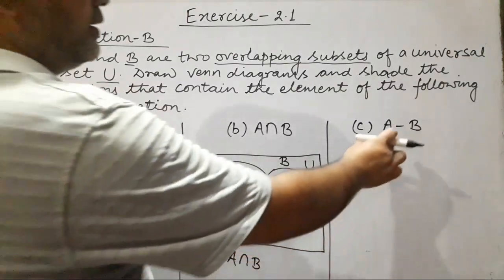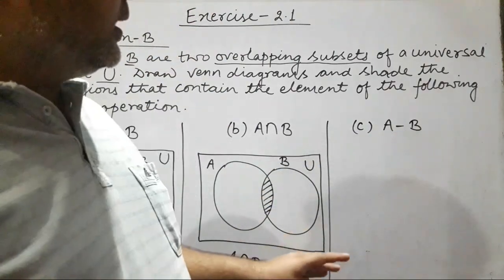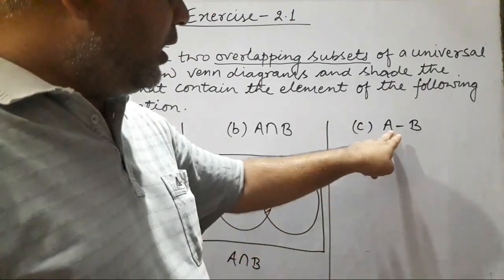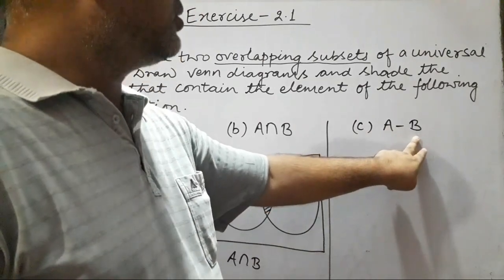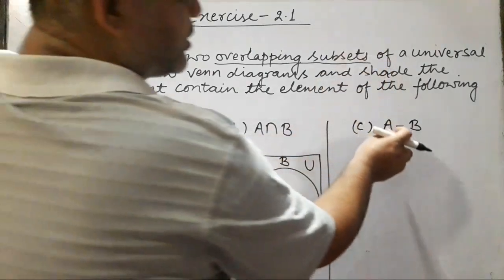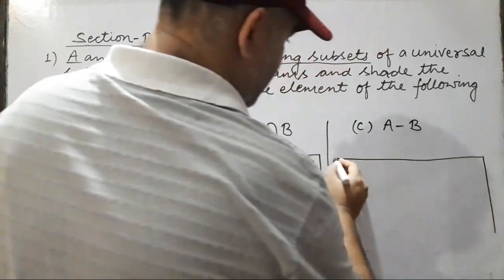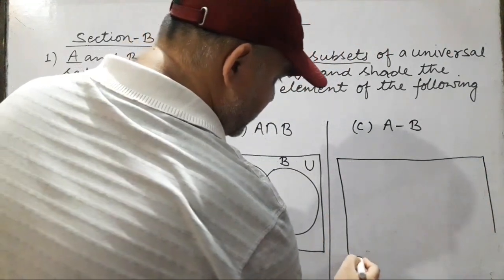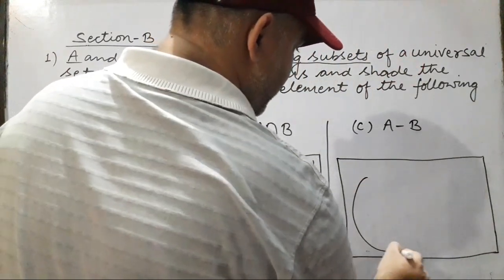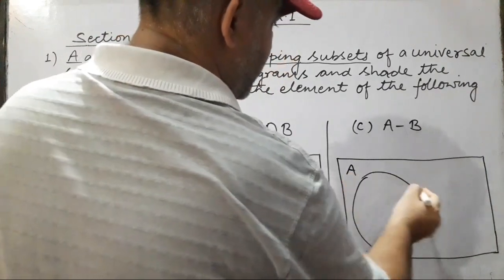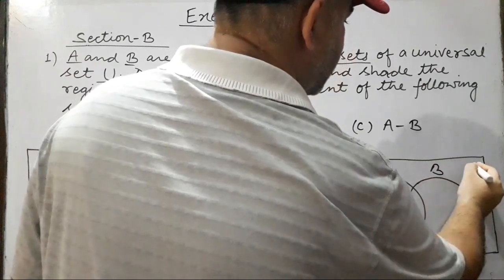Now let's come to this part, A minus B. As we know, the difference of two sets is the set in which the elements are contained only in the first part. That is A minus B, the set of elements which are contained only in A. This is A, this is B. The figures always remain the same.